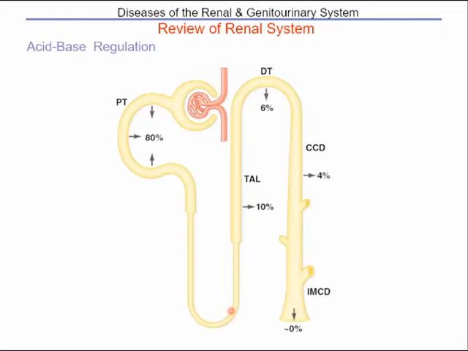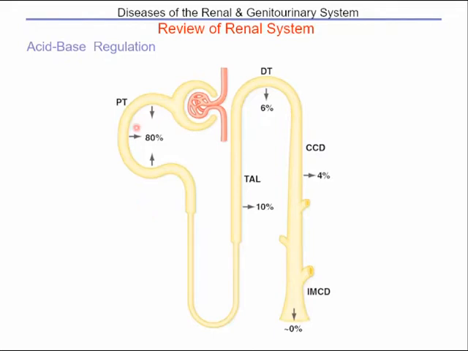At a plasma bicarbonate concentration of about 24 mEq per liter, and a GFR, or glomerular filtration rate, of about 180 liters per day, which is about average in a normal human being, the filtered load of bicarbonate is about 4,300 mEq per day.